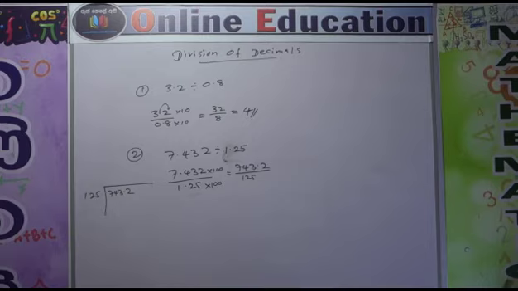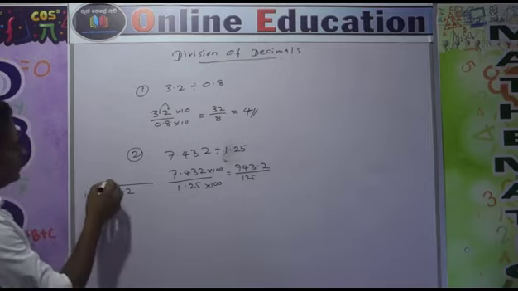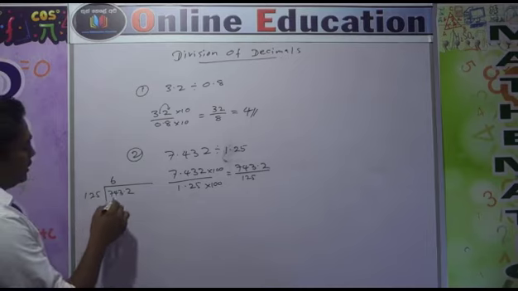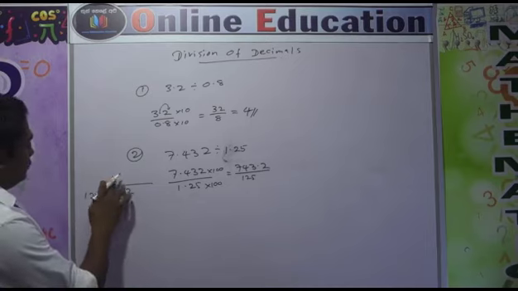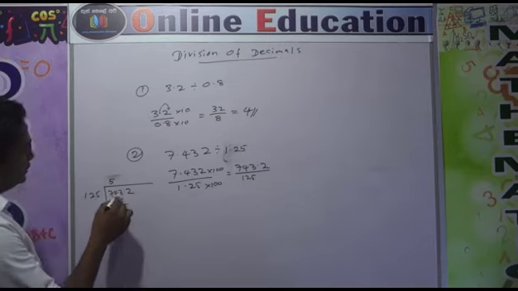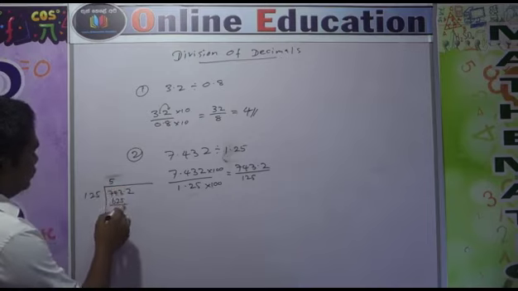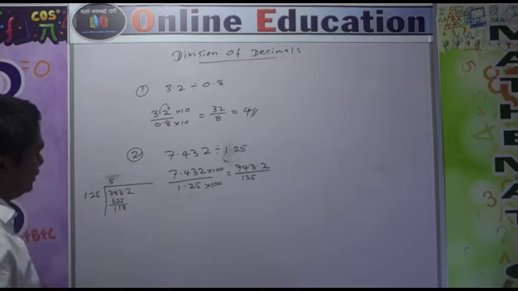How many times does 125 go in? 125 into 5, 625, and 625 plus 100, 725, no, only 5, 625, sorry. 743 minus 625, 118. 3 minus 2, 1, here 1, 180.